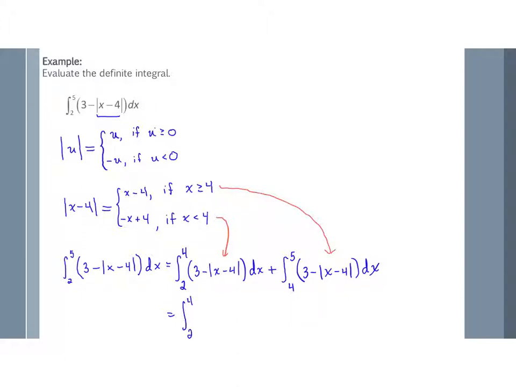The integral from 2 to 4 of 3, and then we'll subtract off the absolute value of x minus 4. But since x is less than 4, the absolute value of x minus 4 is negative x plus 4. Plus, now, since x is bigger than 4 on the interval from 4 to 5, this is 3 minus x minus 4.